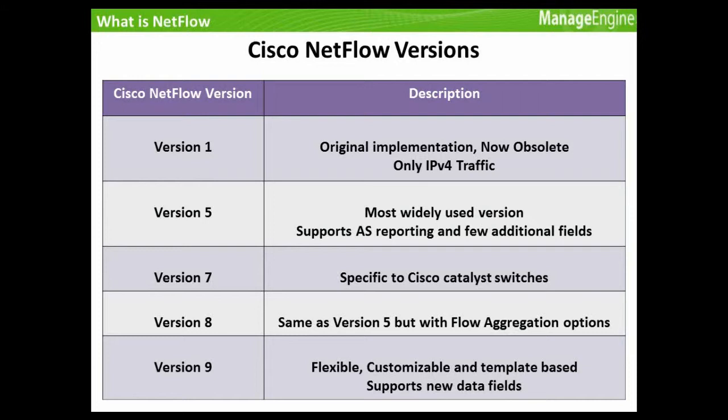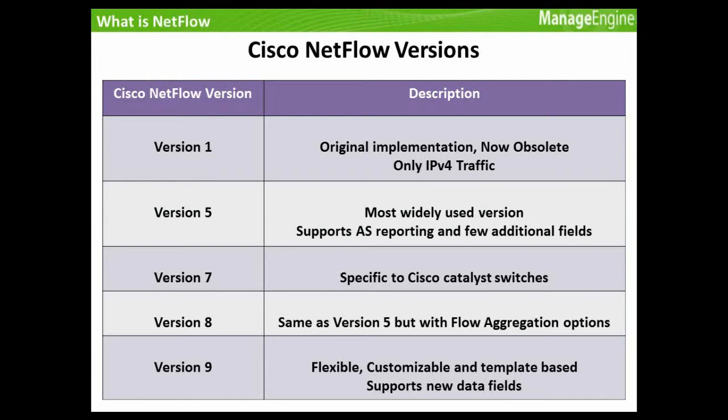That's the most widely used version. It supports autonomous system reports and a few additional features like next hop and TOS fields and stuff like that. And then there was version 7, which was specific to Cisco Catalyst switches, the 4500 and 6500 series. We supported only NetFlow version 7.